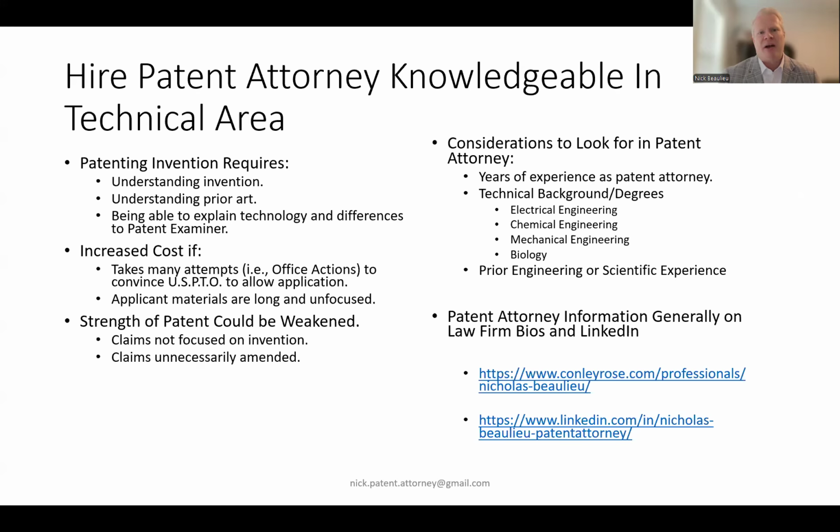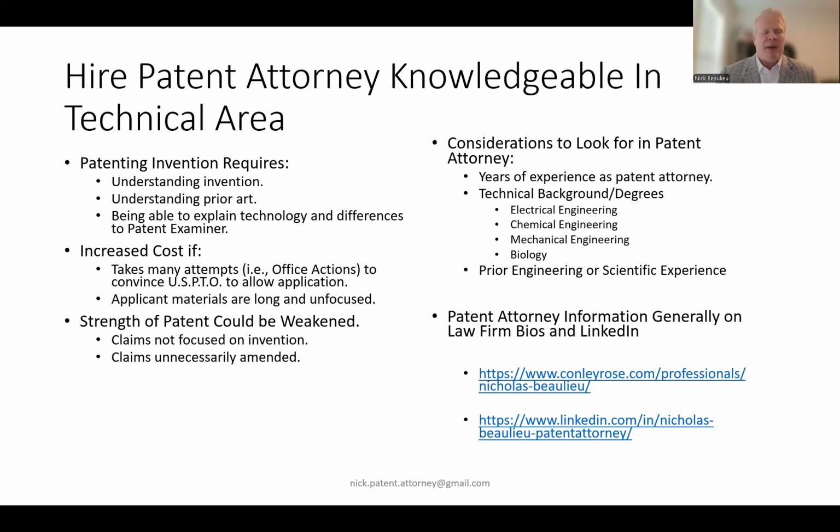My next tip is to hire a patent attorney knowledgeable in the technical area. So in the previous examples, I showed you that the point of novelty is really the important part of a patent. And when the patent office sends you an office action typically, it'll say what the similar prior art is. And then the patent attorney will have to analyze that prior art, understand it, and explain how your invention is different than the prior art.